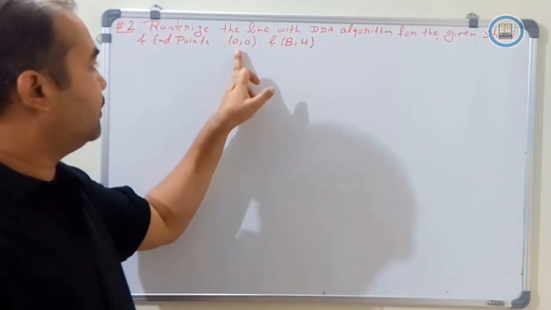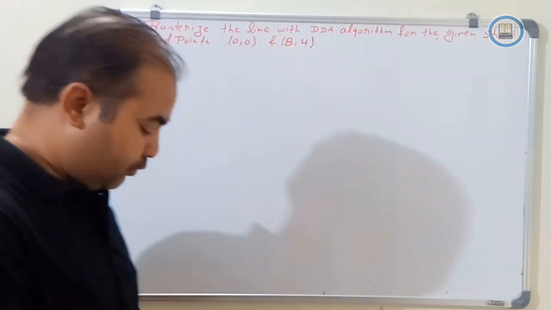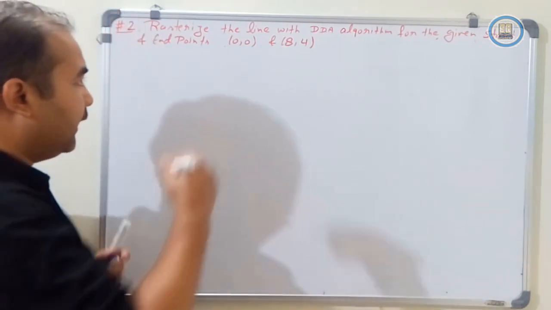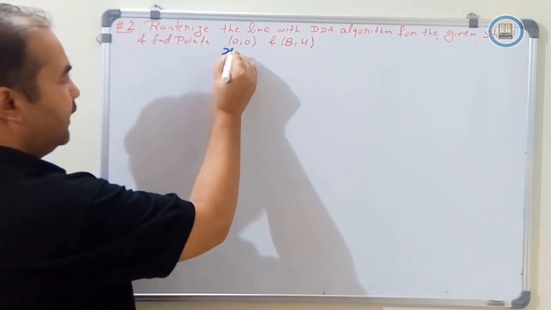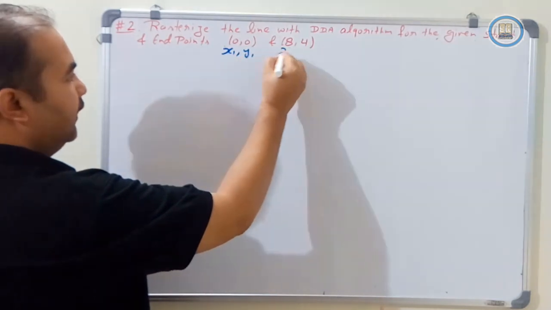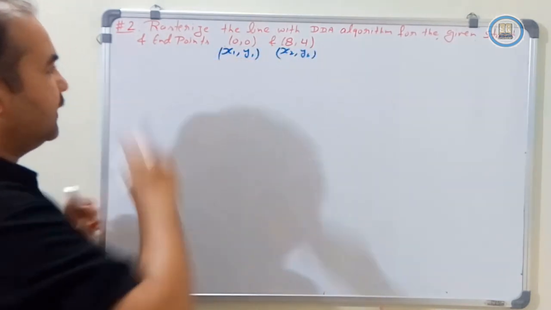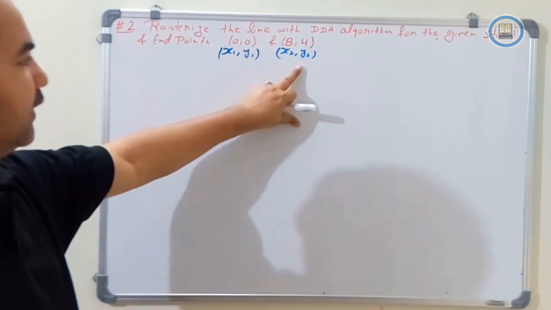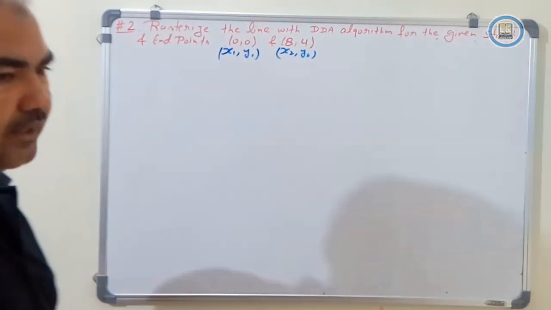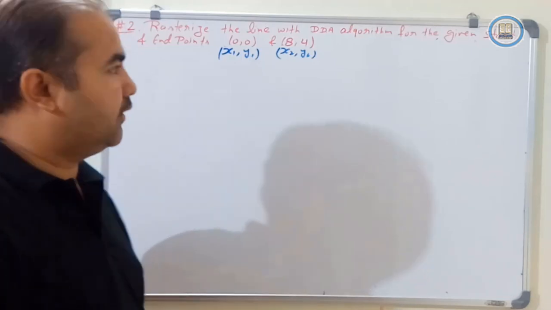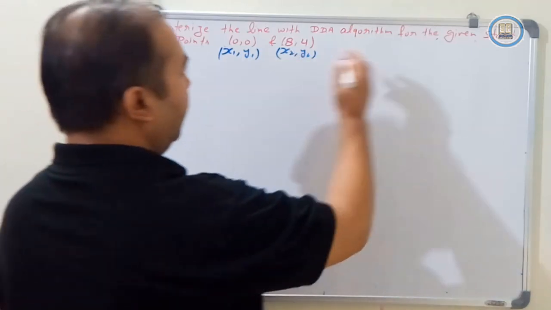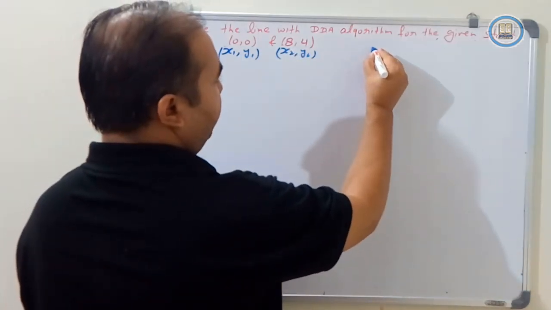So it is given to us 0 comma 0 and 8 comma 4, or you can say that again same thing is given to us, that is x1 comma y1, and this is x2 comma y2. That is, this is the starting point and this is the end point, and easily you can identify this is the case for the left to right scanning. And first we need to calculate the value of m.